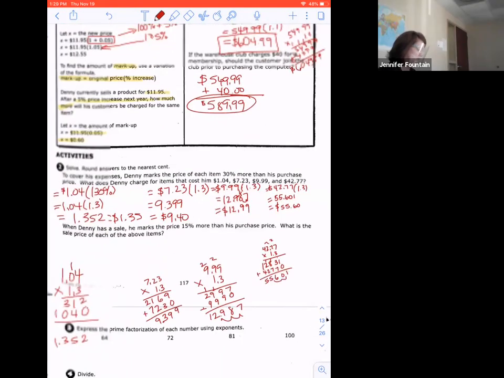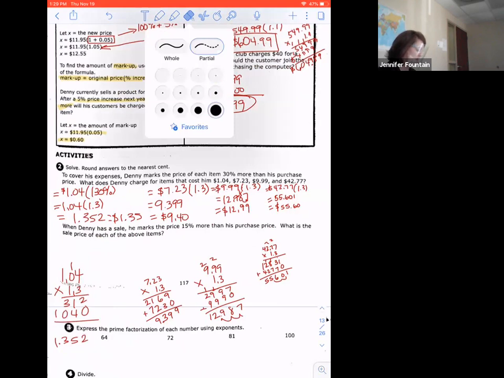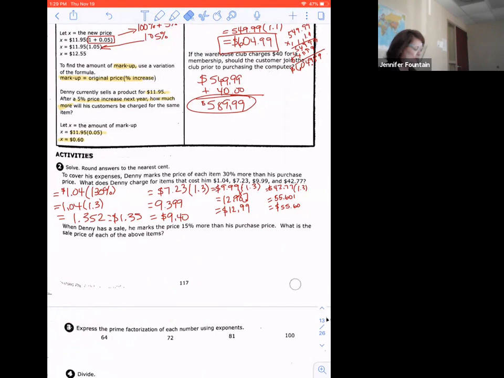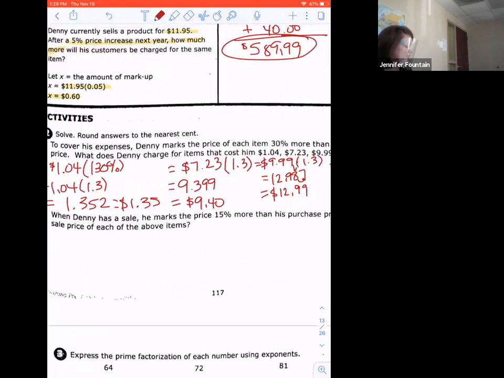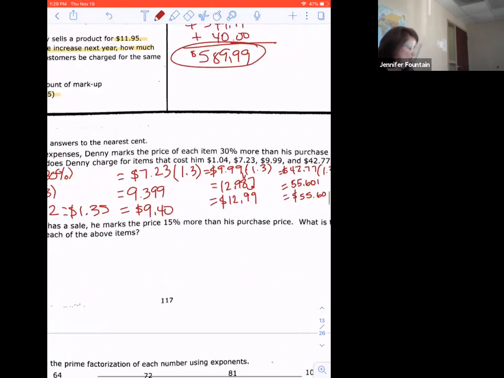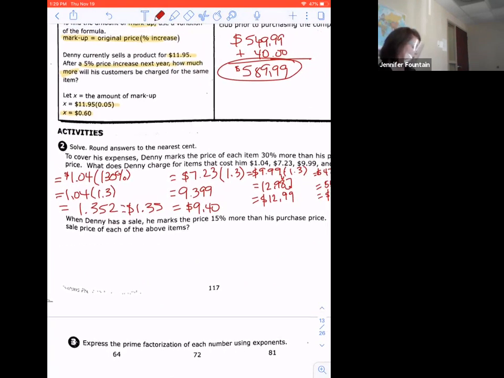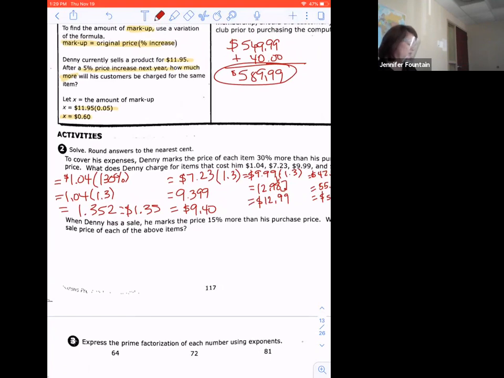All righty. Let me get all of this erased down here. Okay. So it says when Denny has a sale, he marks the price 15% more than his purchase price. What is the sale price of each of the items above?